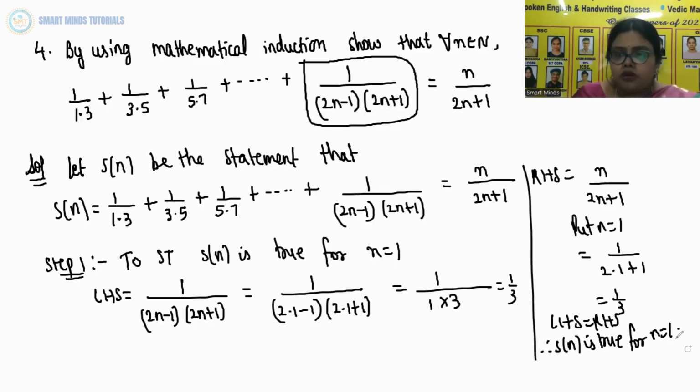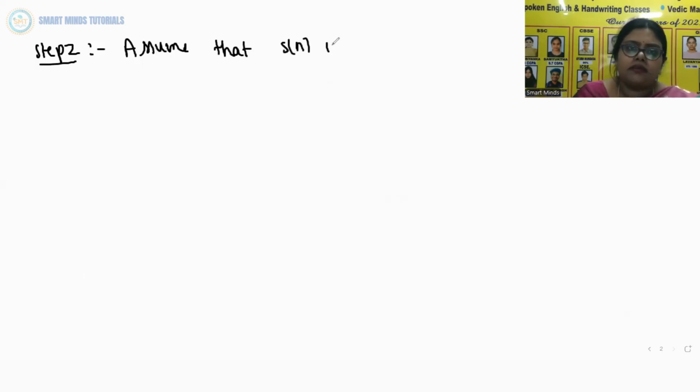Now let's move on to step 2. So what is step 2? We need to assume that S of n is true for n is equal to k. So in the statement, in the place of n, we need to write k.